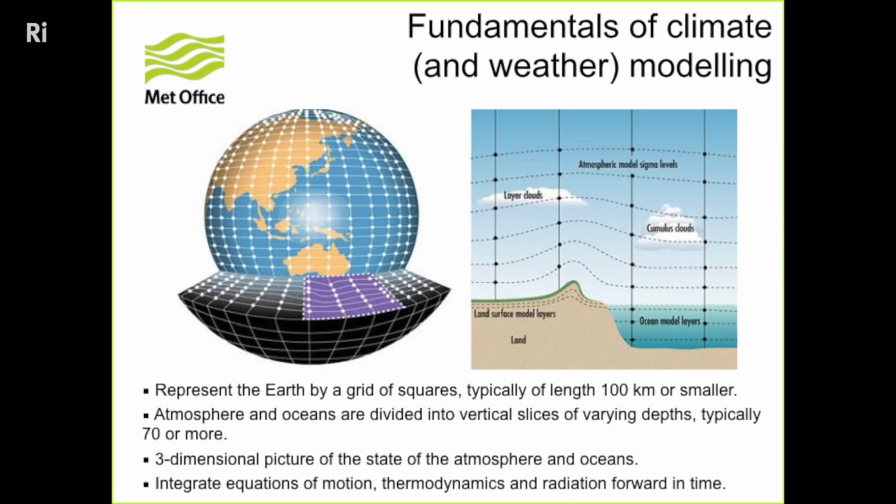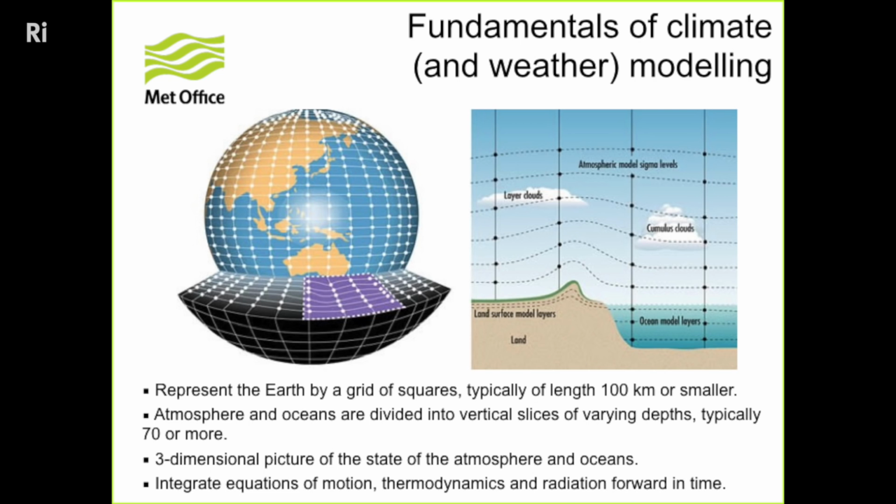So, what are these climate models based on? Well, they're fundamentally the same as what we use in weather forecasting. And the way we do this is we actually cut the Earth's atmosphere up into volumes.